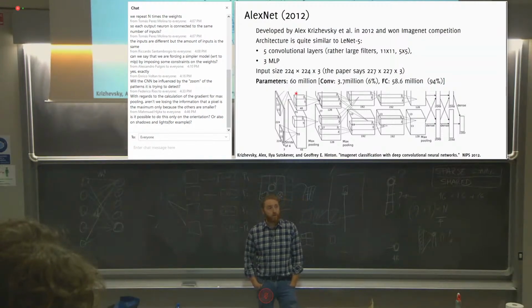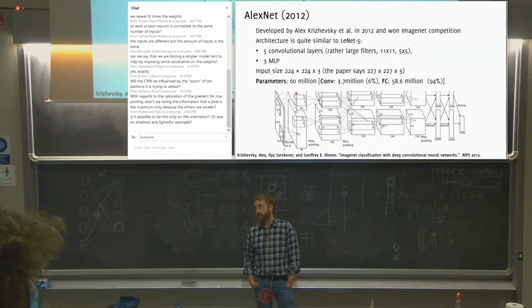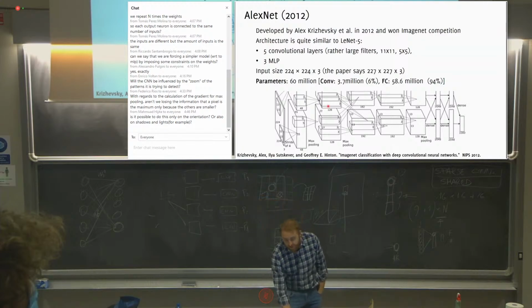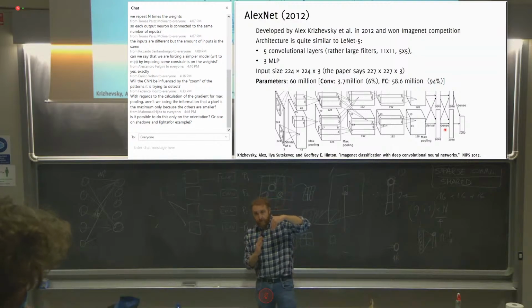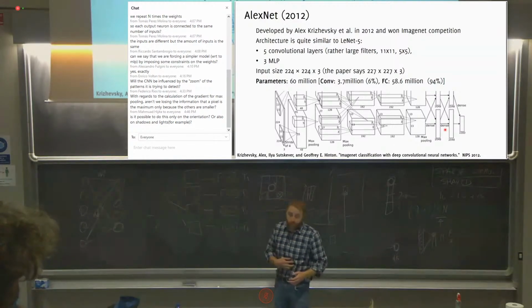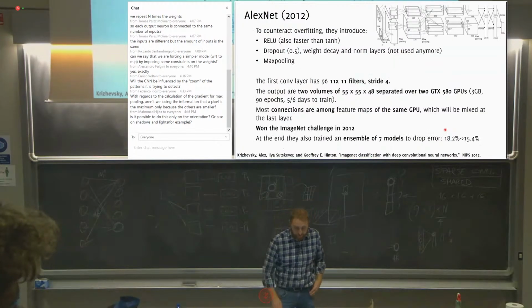Only a small fraction, 6%, was devoted to the convolutional layers. Most of the parameters, most of the power of the model, was in the dense layers that were huge: 2K times 2K, say 4K because 2K per each GPU. So having a fully connected layer of this dimension increases the number of parameters a lot.